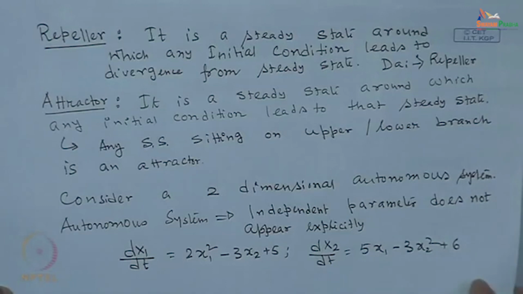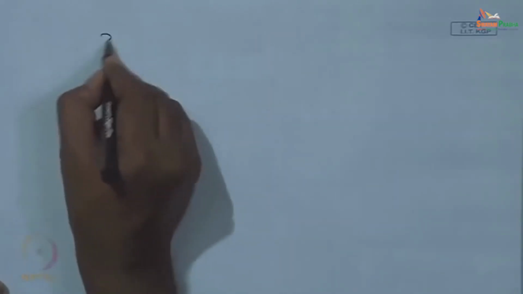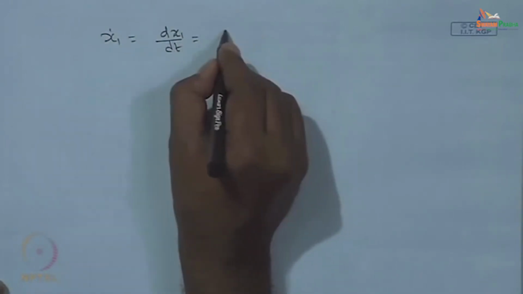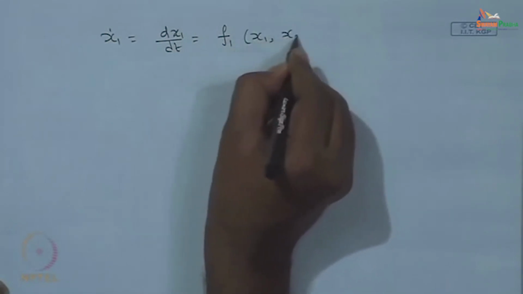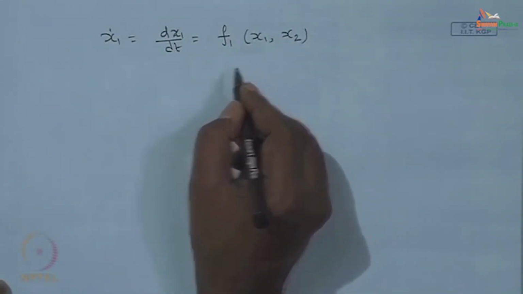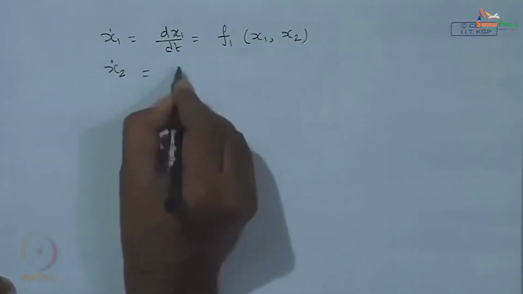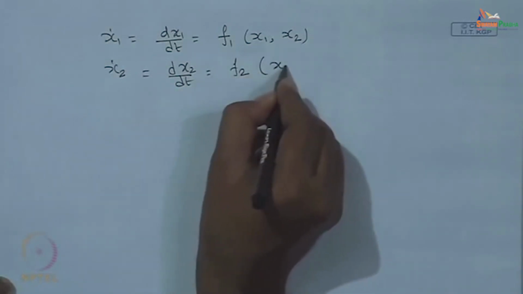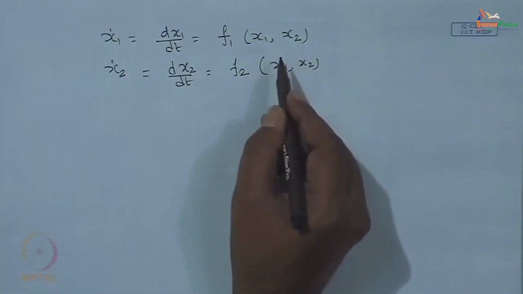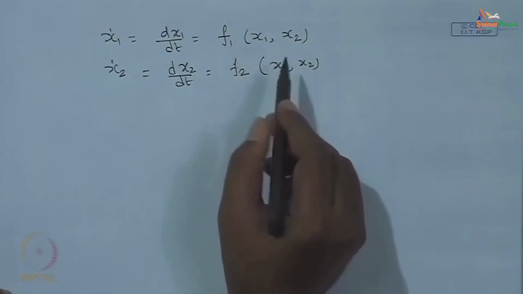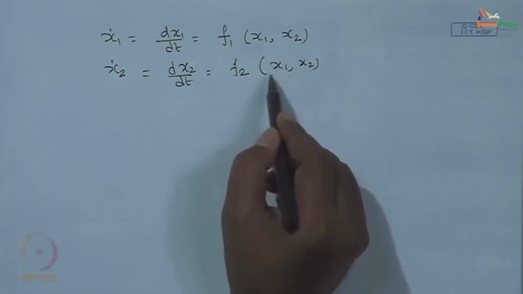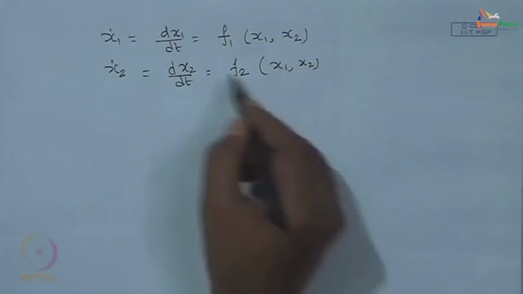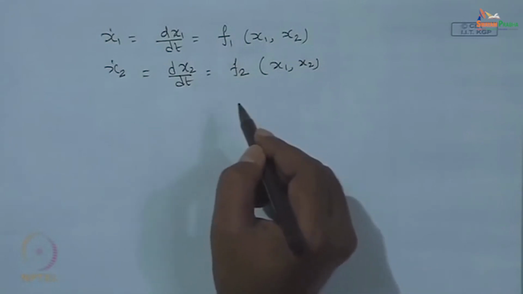Now, let us consider an autonomous system where x1 dot is equal to dx1/dt, in general a function of x1 and x2, and in the second equation x2 dot is dx2/dt, equal to another function of x1 and x2. The right hand functions f1 and f2 are not explicit functions of t. That is why they are called autonomous systems. Most chemical engineering processes fall under the category of autonomous systems.